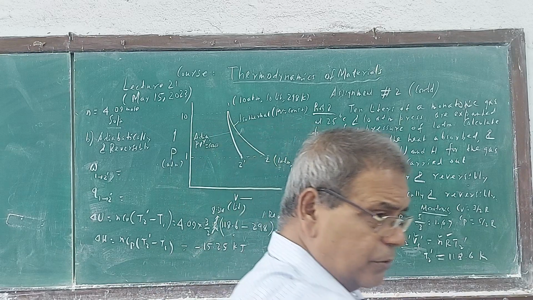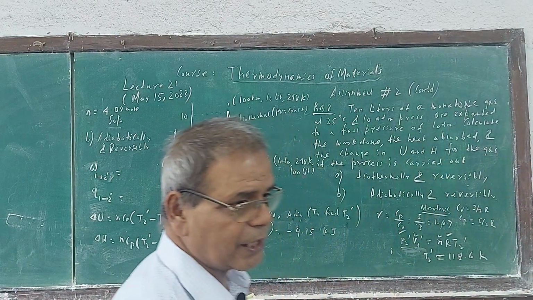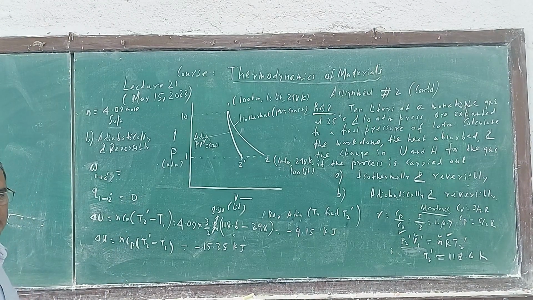For reversible adiabatic, Q, the heat interaction between system and surroundings, is 0. You don't have to say since it is adiabatic, but that is understood. 0, correct answer. Adiabatic means no heat interaction, insulation.